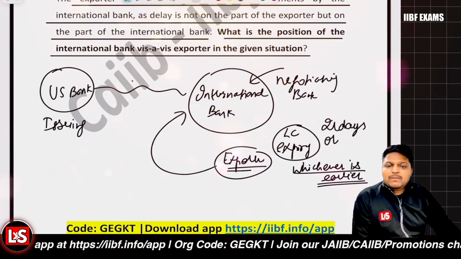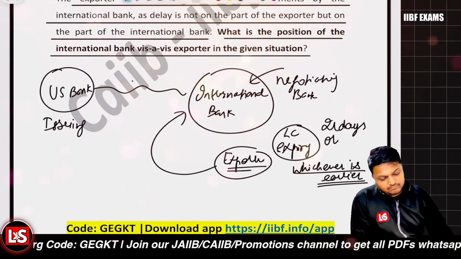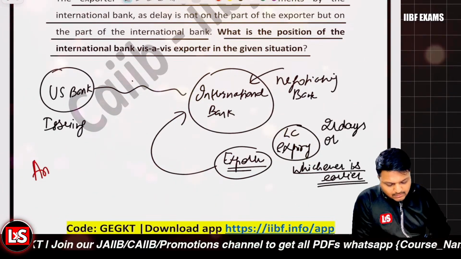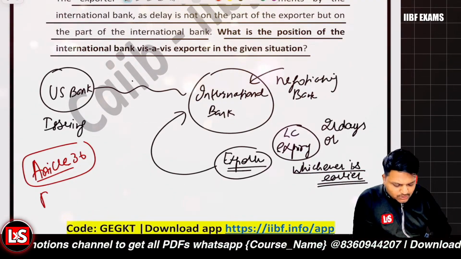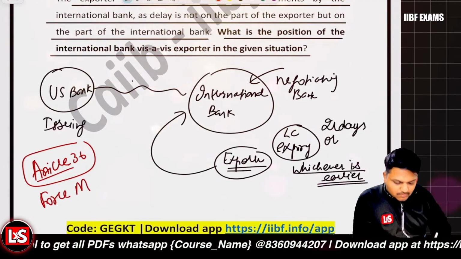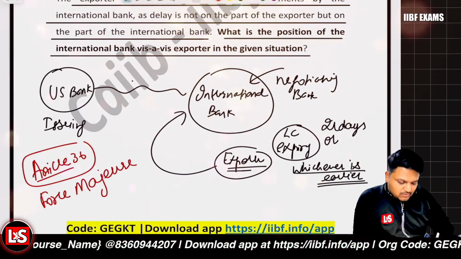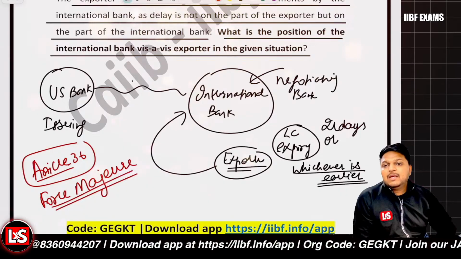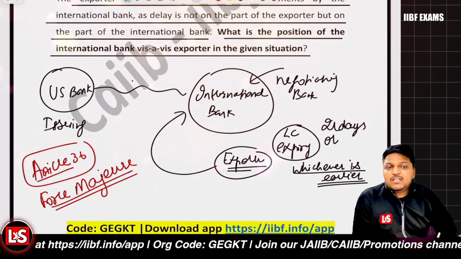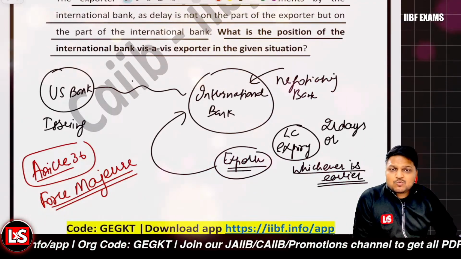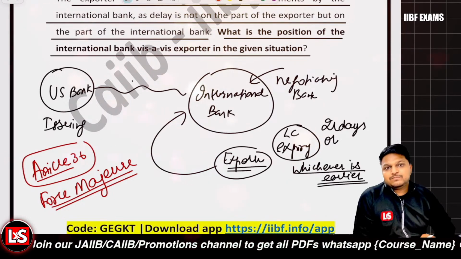Now, we discussed one particular article, which is article number 36. It was article 36, which is force majeure. Banks do not assume any liability or responsibility if the interruption of business was due to riots, war, civil commotion, or acts beyond their control.